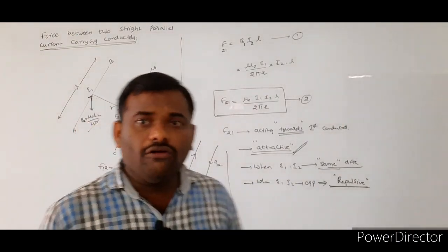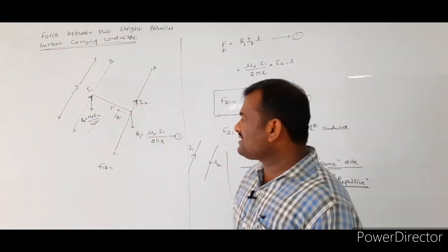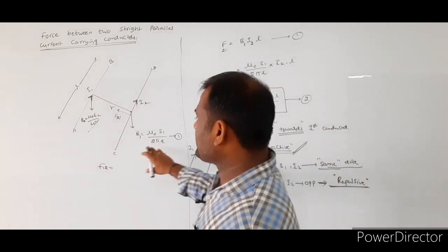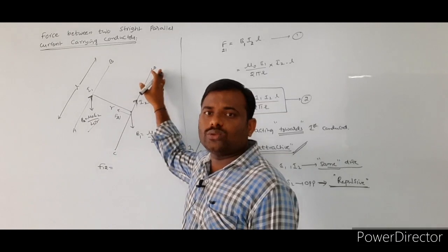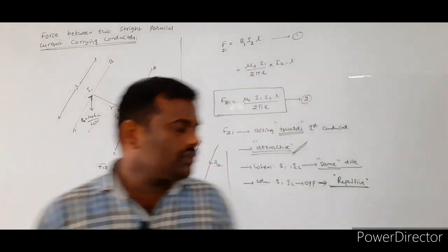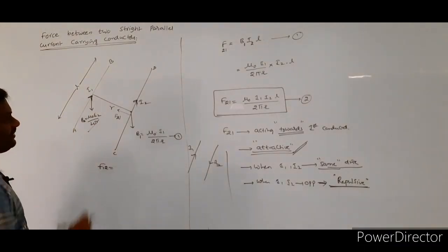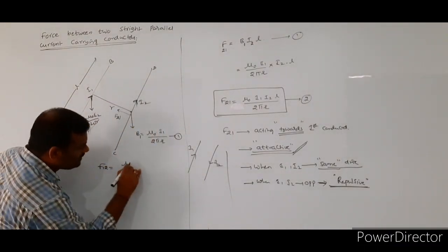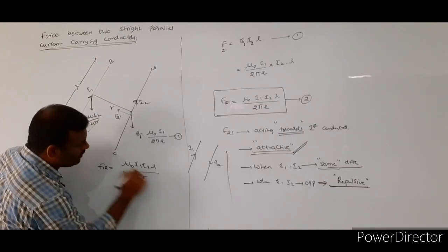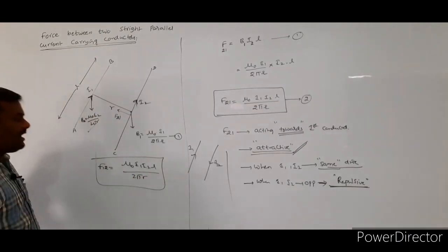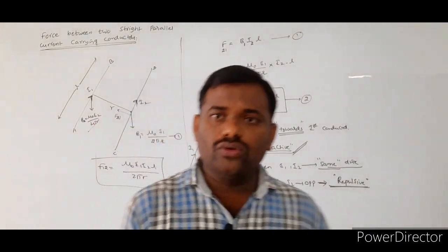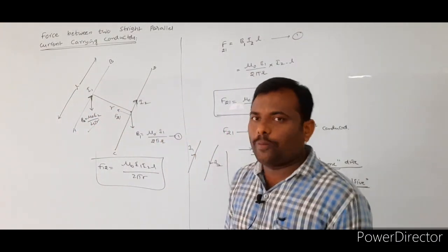F12 means the force experienced by the first conductor due to the current flowing through the second conductor. So the final expression for F12 also remains the same. F12 is equal to mu naught I1 I2 L by 2 pi r.